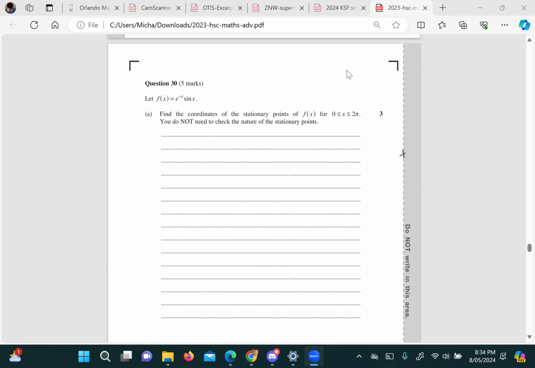Now, do you know what stationary points means? Do you remember I used this word already today? What does stationary mean? Still, stopped, right? So what do you think the condition is for stationary points?